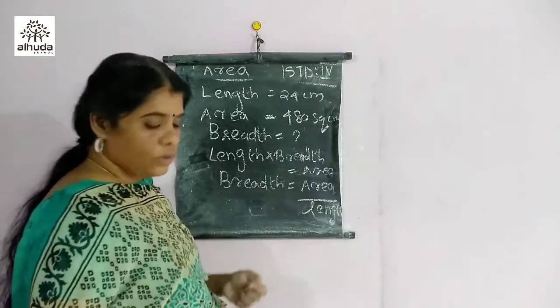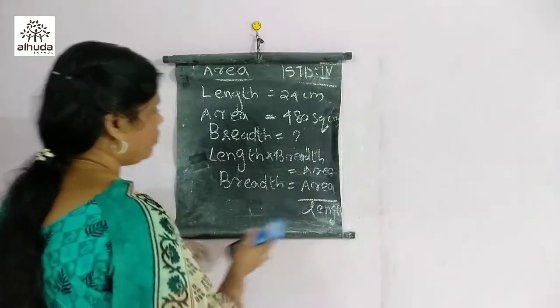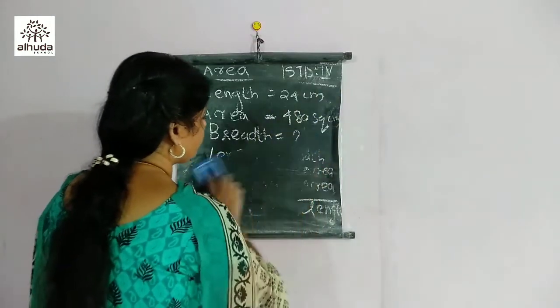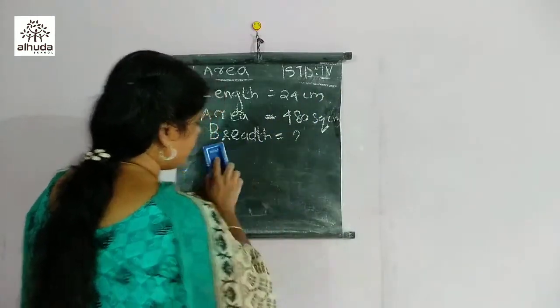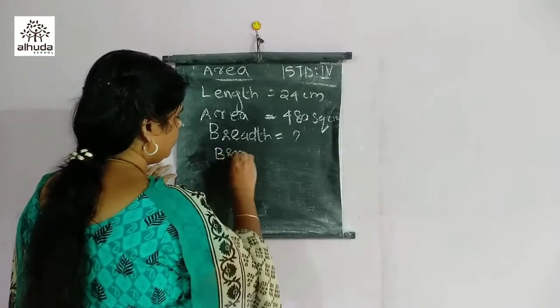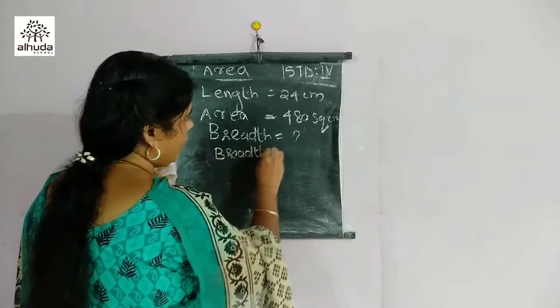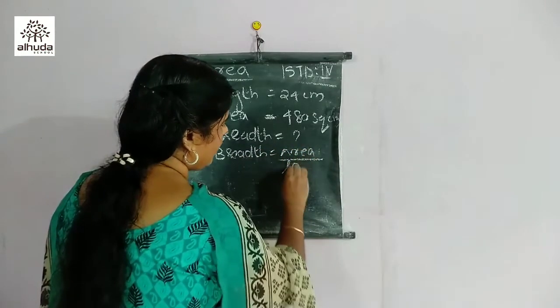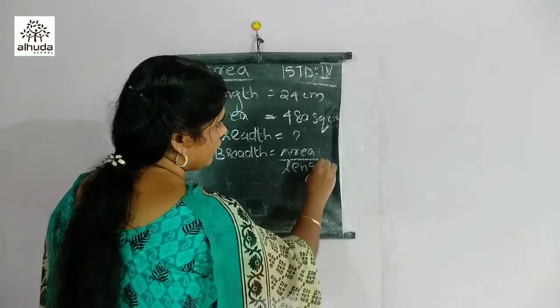Okay. So put all the values in this equation. Then breadth is equal to area by length, area divided by length.